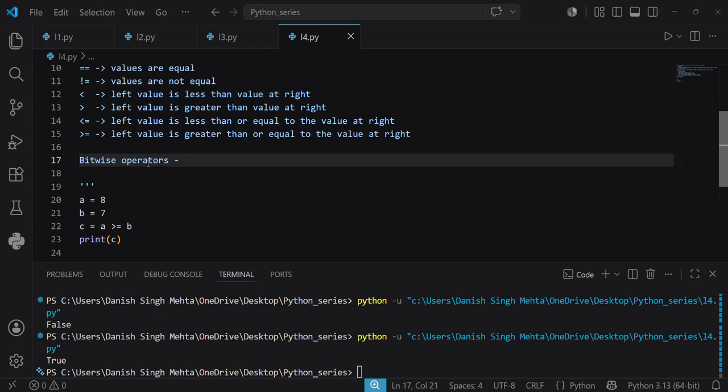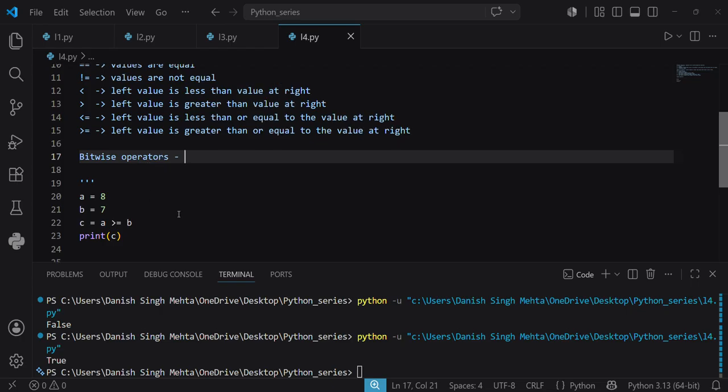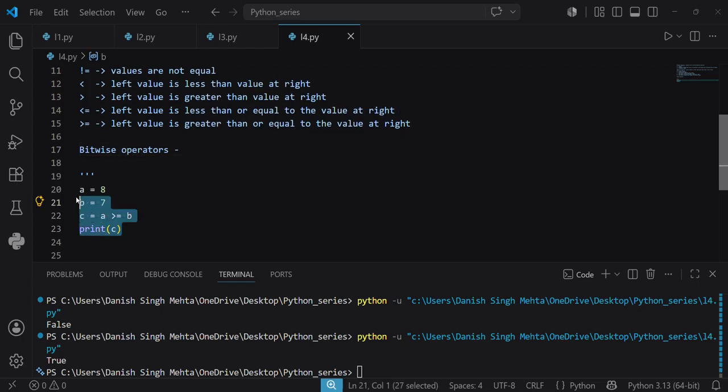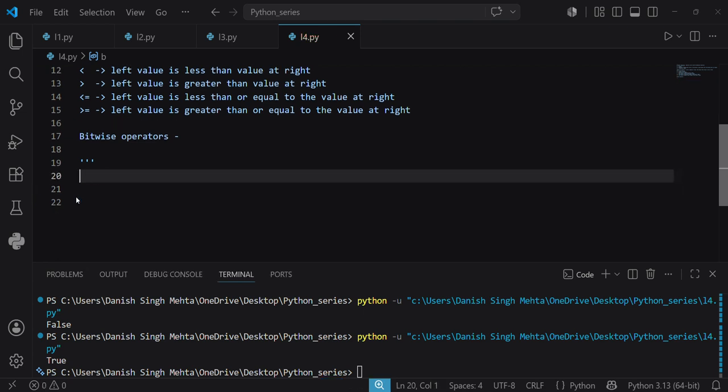So what are bitwise operators? Bitwise operator basically, if I have values and I want to work with the bits of those values. Let's take two values.